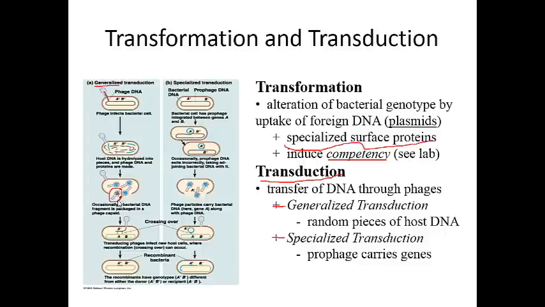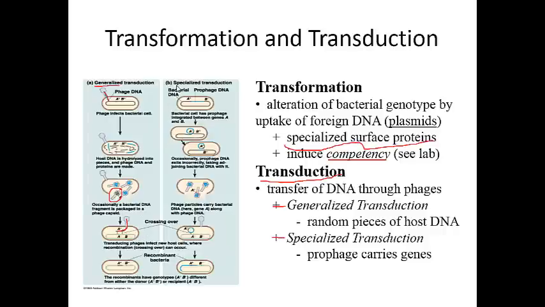Now when this phage exits the host bacteria and it infects a new bacteria, instead of injecting its own viral genetic information, it's injecting the DNA that came from the prior bacteria. So you can see here a mistake allows bacterial DNA to be transferred from one bacteria to the next.